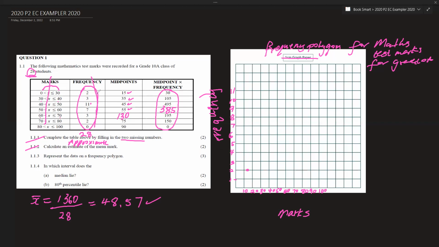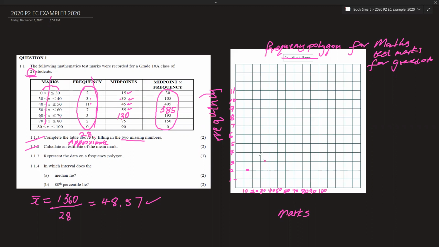And then we can proceed. So 3 will go with 35. 30 is here, 35 is there.